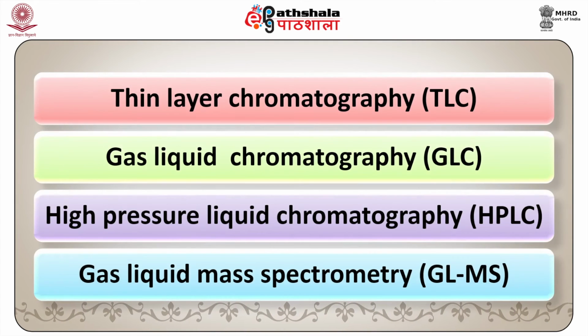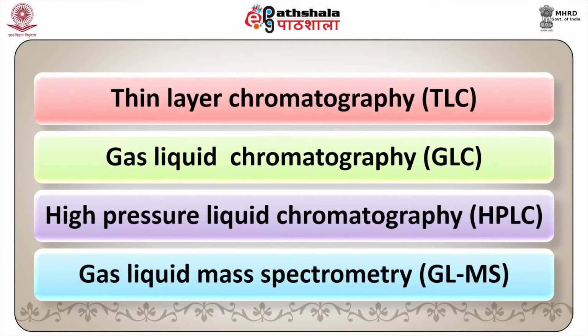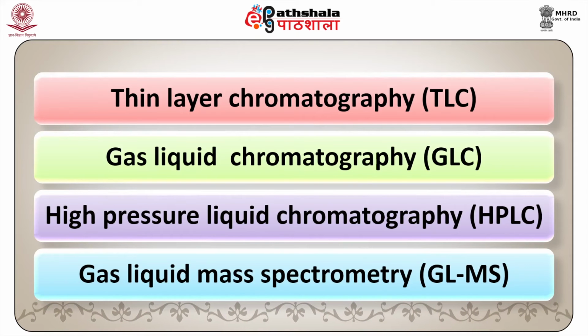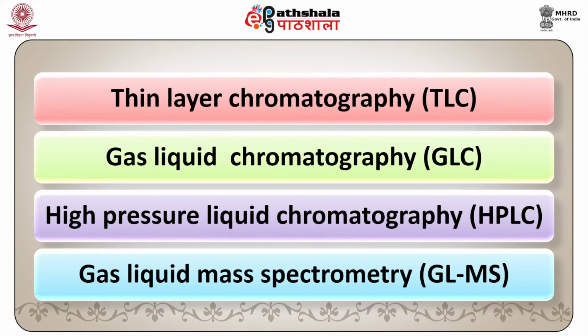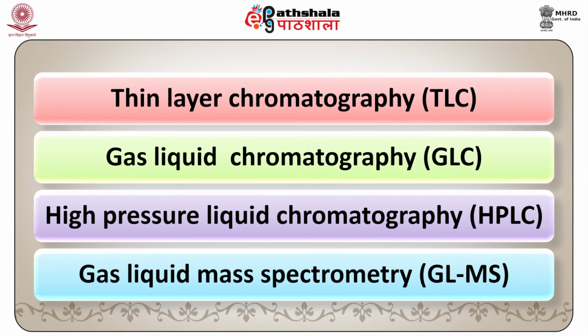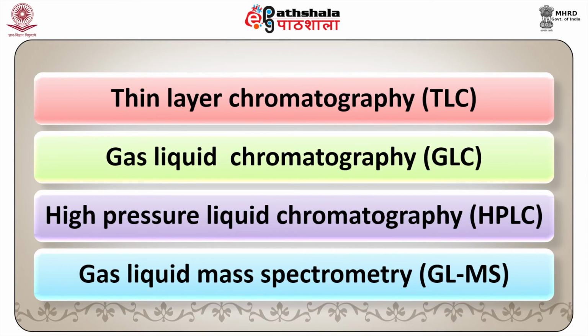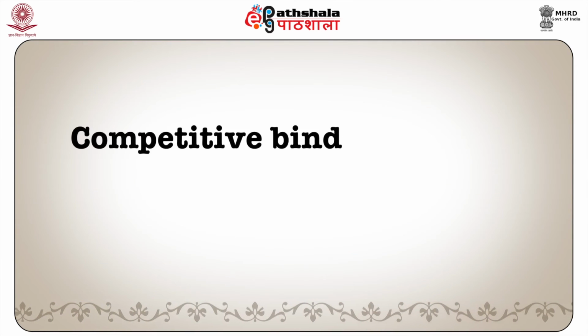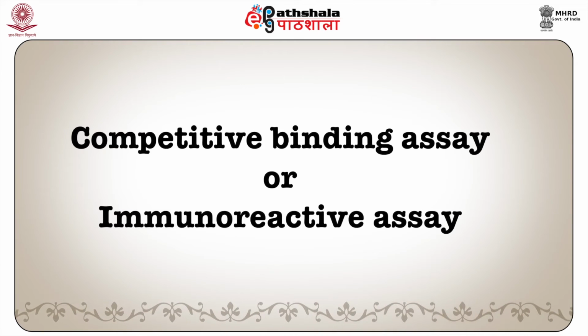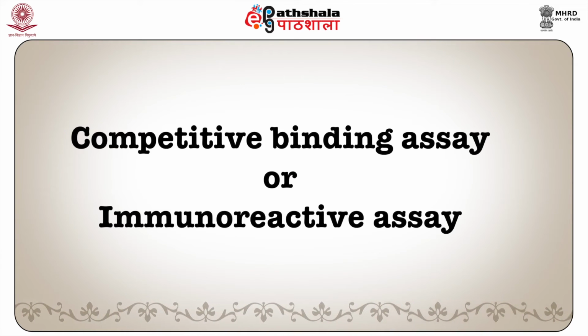The chromatographic techniques are based on the migration of compound on the adsorbent, that is the solid phase, by a mobile phase. It includes thin layer chromatography, gas liquid chromatography or GLC, high pressure liquid chromatography or HPLC, and the gas liquid mass spectrometry or GLMS. Third here is the competitive binding assay or the immunoreactive assay.